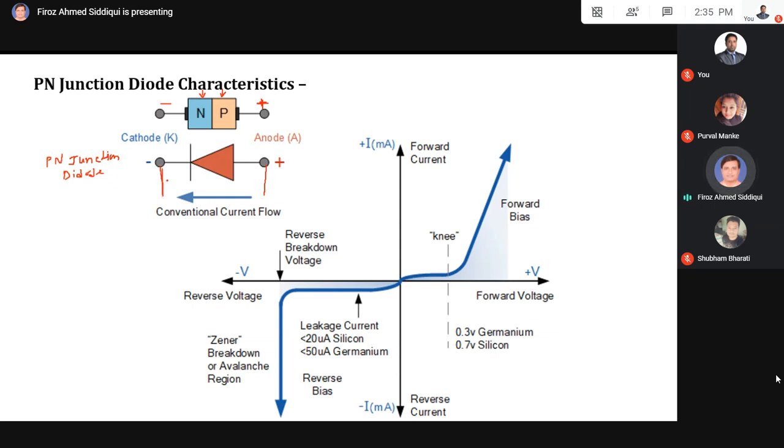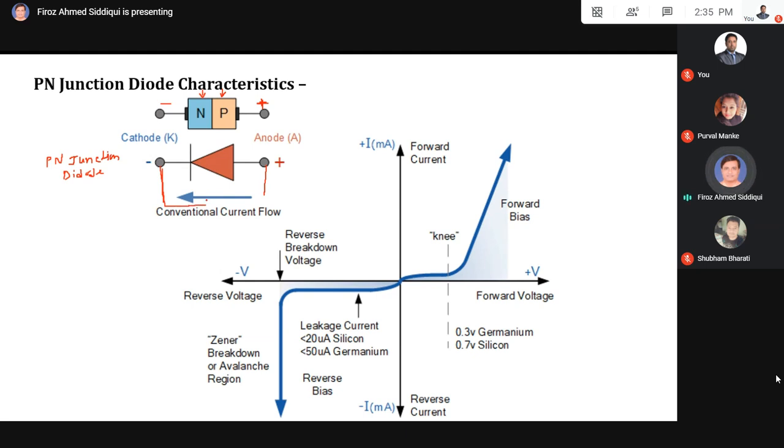You have already studied this component. If we apply the positive terminal of a battery to the positive side of the diode and the negative terminal of the battery to the negative side of the diode.